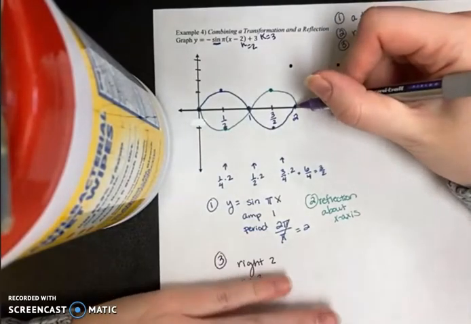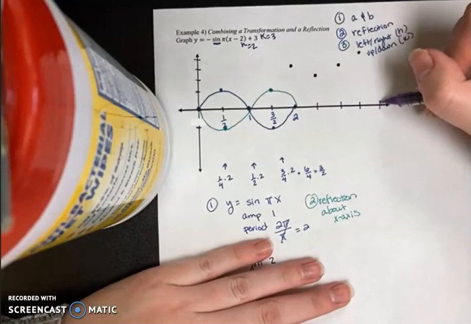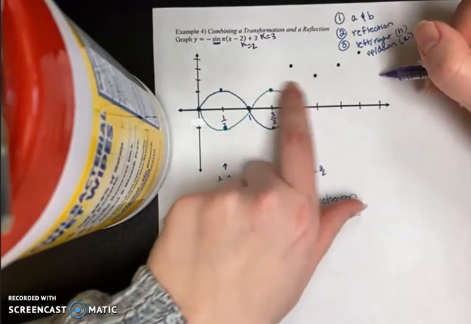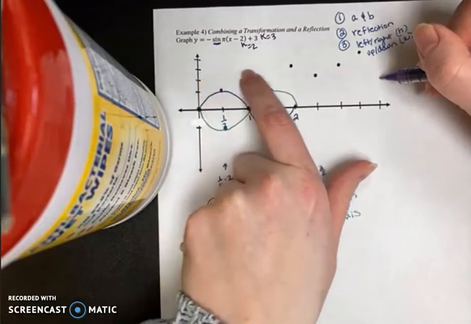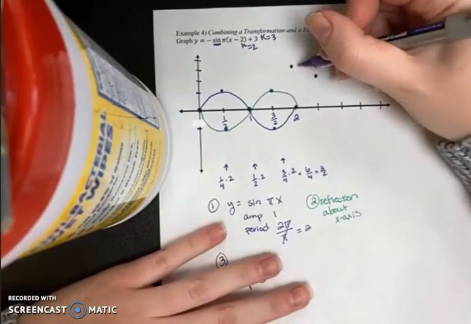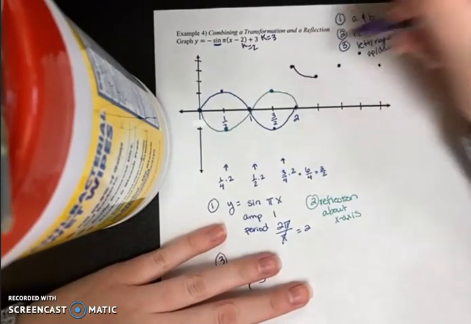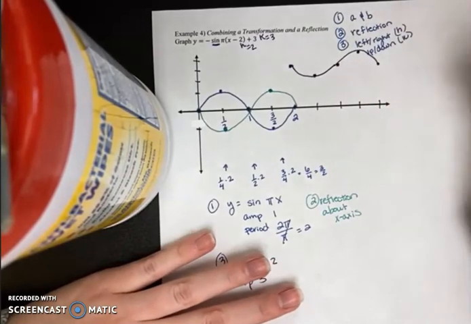And last one, at the point 2, 0, I'm going to move it right 2 and up 3. Okay, so it should look something like this.